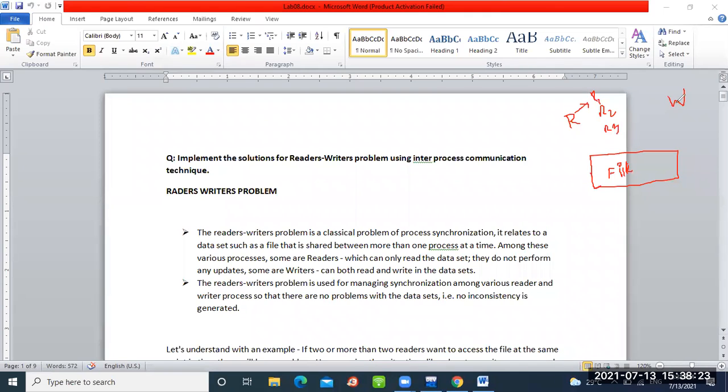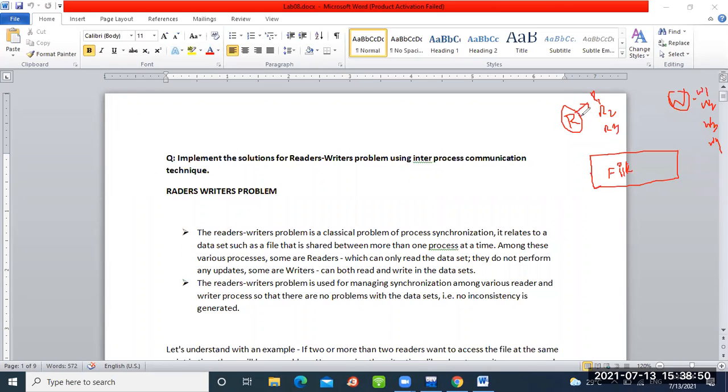Similarly, there can be any number of writers, W1, W2, W3, W4. Like producer-consumer, where one producer and one consumer were there, here there can be many writers and many readers.